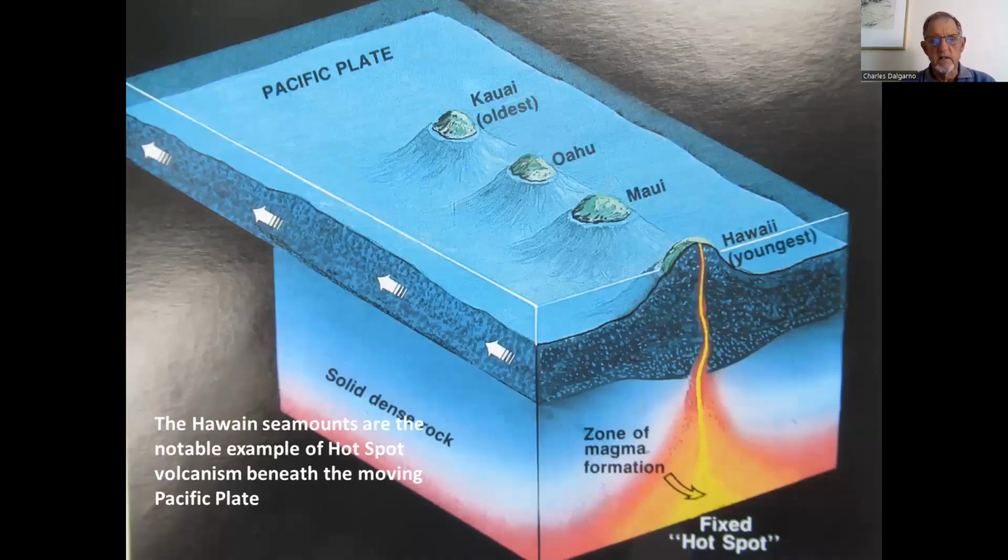Here's another illustration of the Hawaiian seamounts and the extinct volcanic features, Maui, Oahu, and Kauai, the oldest of those features of the Hawaiian group, which result from the plate moving off towards 10 or 11 o'clock in this diagram and carrying the volcanic edifice away from the zone of magma formation or the fixed hotspot.